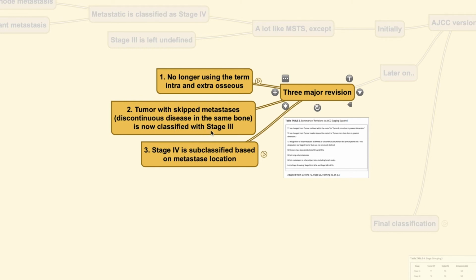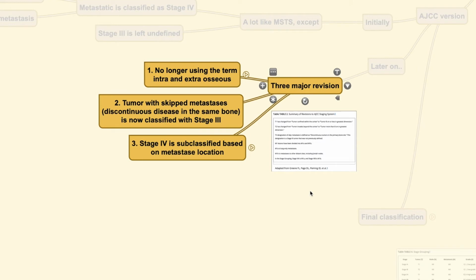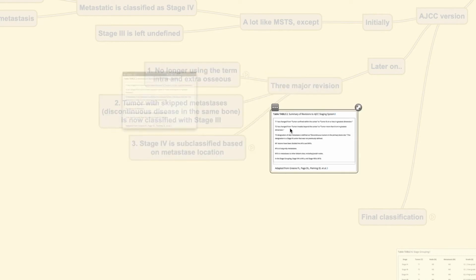Discussion regarding the types of lesion around a bone, such as reactive lesion, skip lesion, can be seen in the next video. And then the stage 4 is subclassified based on the metastasis location. Now, this revision makes it clear what condition of tumor is defined as stage 3.